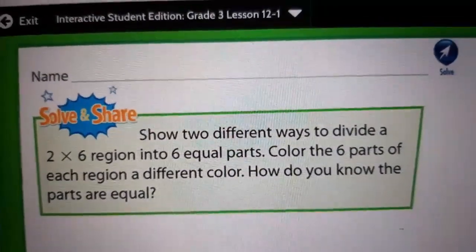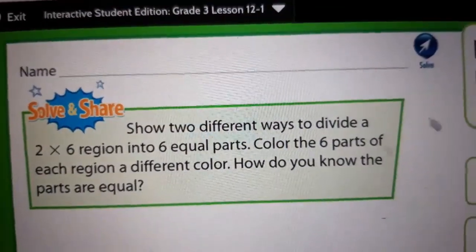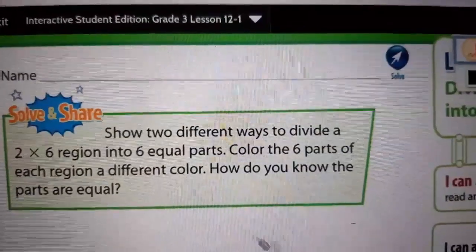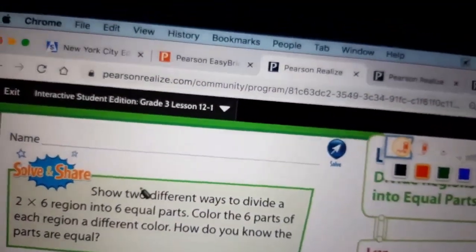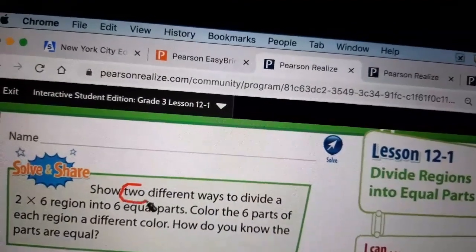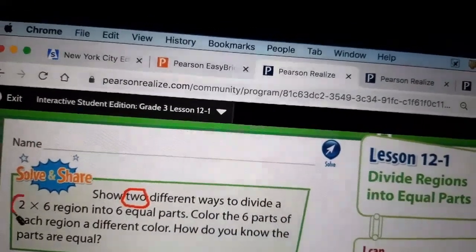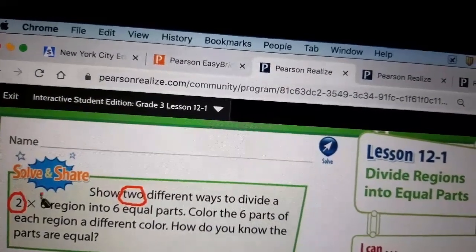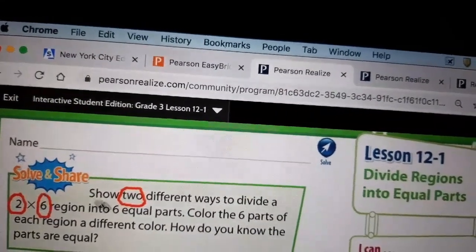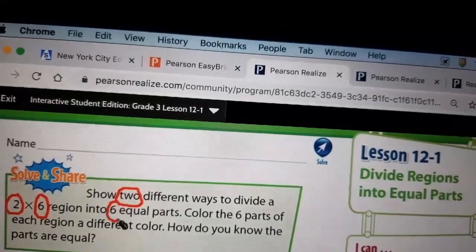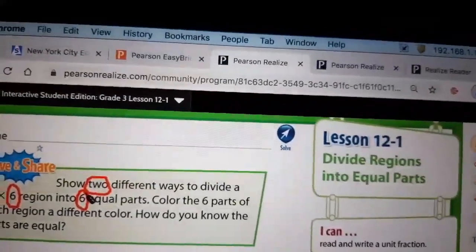So we are going to circle the key numbers. So it says show 2 different ways to divide a 2x6 region into 6 equal parts.